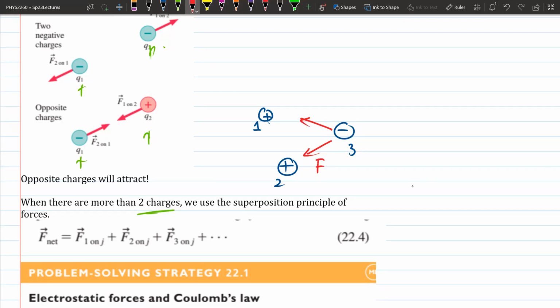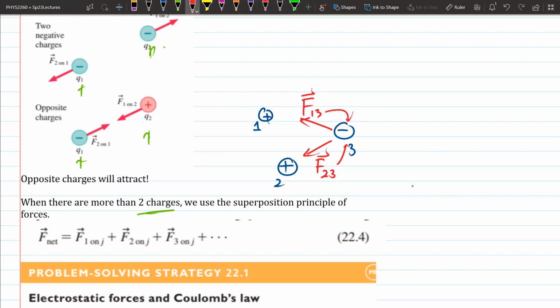Well, I'm having charge 1 and 2 pull on charge 3. So what should be the first one? 2 on 3, yeah. So, or simply just 2, 3. Okay. How about this one? Force, what should be the numbers on the bottom? 1, 3, right? Because the object that we're pulling on is the second index, okay?